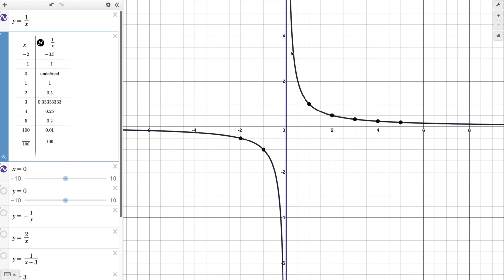They get larger and larger without bound, okay? Something similar is happening over on the left-hand side for negative values of x, only they're becoming very large in absolute value, but with a negative sign, right? So as x approaches 0 from the left, or from the negative side, the y values are actually approaching negative infinity, okay?